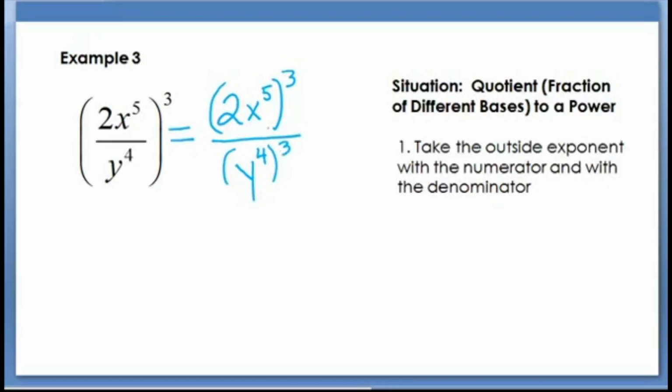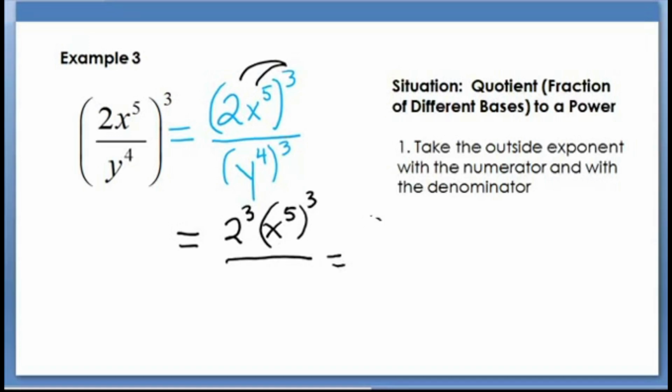On the numerator, you're now back into one of our other exponent rules, which is a product to a power. So you're going to take the 3 to each piece. This will give us 2 to the 3rd times x to the 5th to the 3rd. We can work those out.